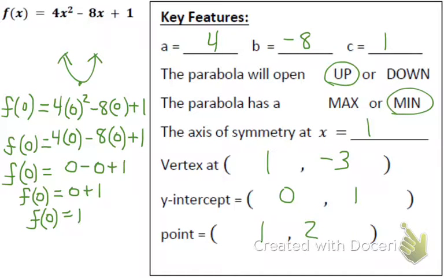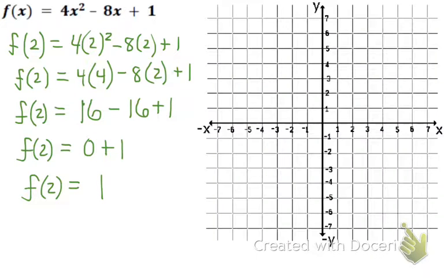And we're going to plot all these points. So we've got a vertex at (1, negative 3). We've got our axis of symmetry. It goes through the vertex. The line x equals 1.